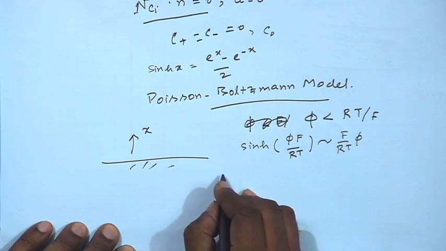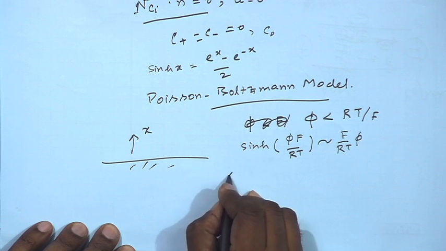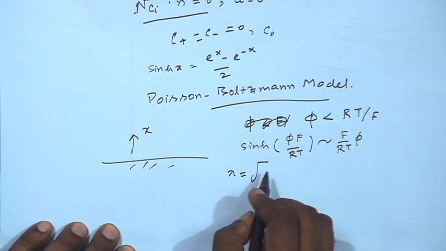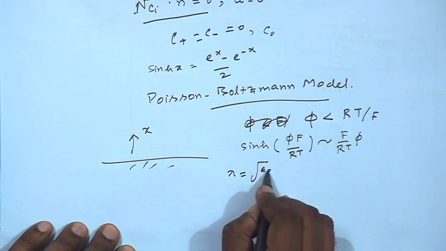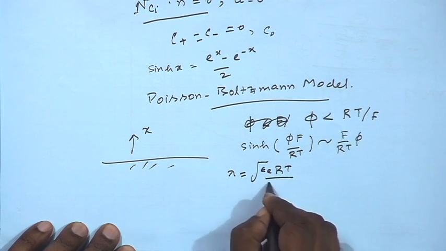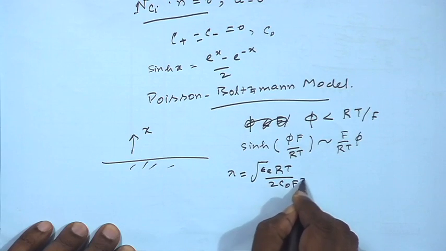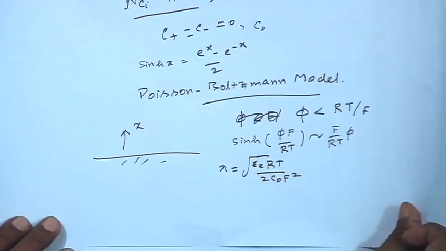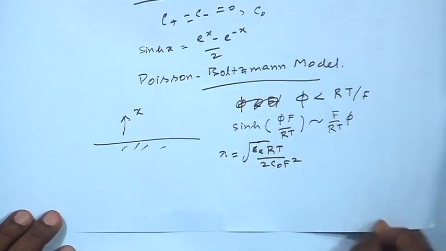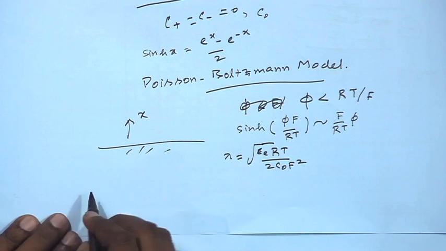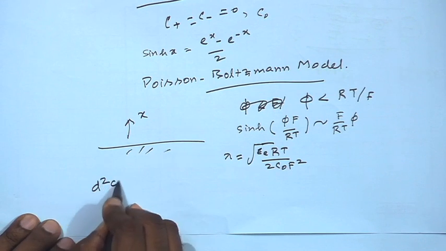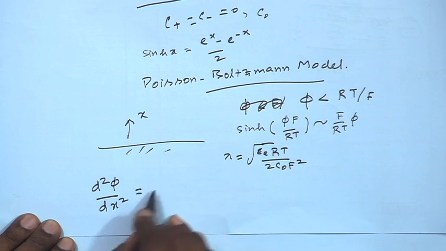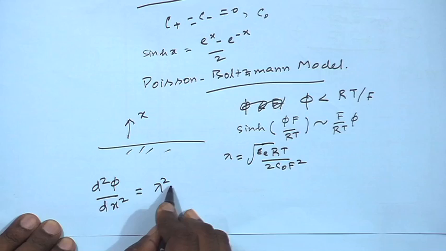Now, we define a length scale, say lambda, which is equal to root over epsilon e RT by 2c0 f square. Epsilon is the permittivity. If I define a parameter lambda like this, I can write this equation as d2 phi dx2 equal to lambda to the power minus 2 phi, that is, phi by lambda square.